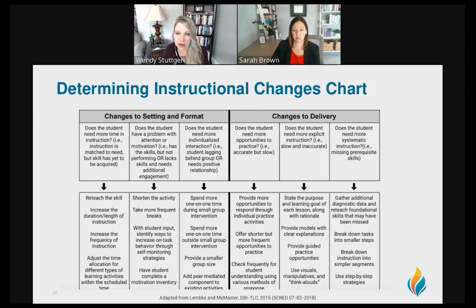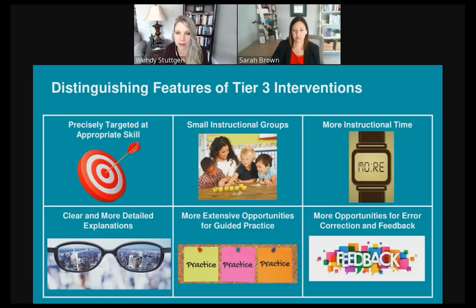So one thing I often see confusion about when working with school teams is the difference between a Tier 2 and Tier 3 intervention. Let's take a closer look at some of those distinguishing features between Tier 2 and Tier 3. So Tier 3 instruction may be defined as instruction provided to a few students who need significant differentiation and greater intensity in their instruction. Interventions at Tier 2 and Tier 3 share many common features.